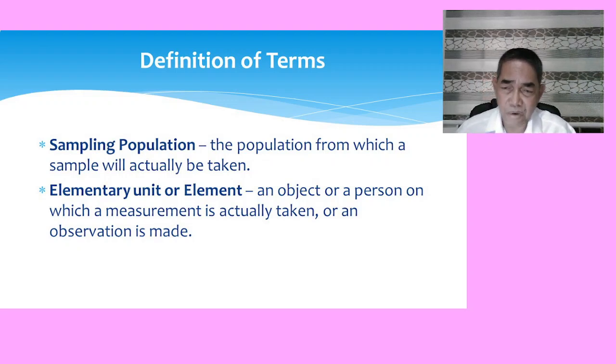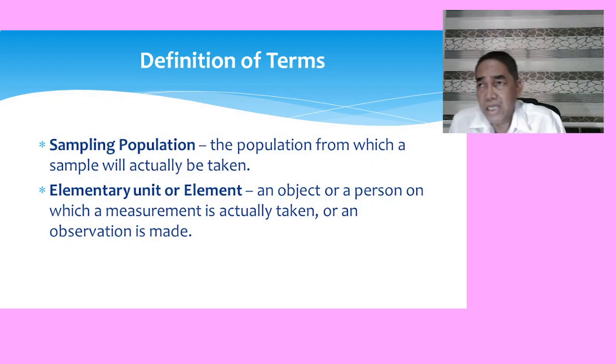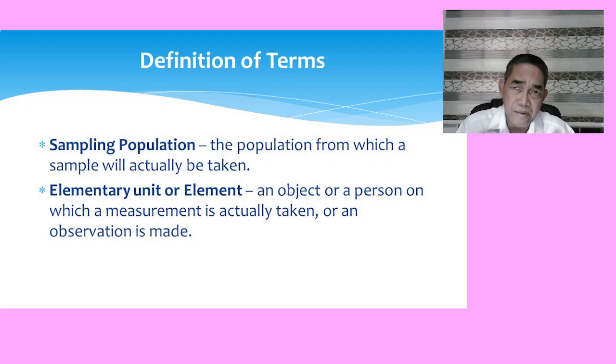So let's now give you an example of this terminology, so you will understand better. Suppose I want to look into the proportion of medical students in Metro Manila who are smokers. Okay, my target population will be medical students in Metro Manila.